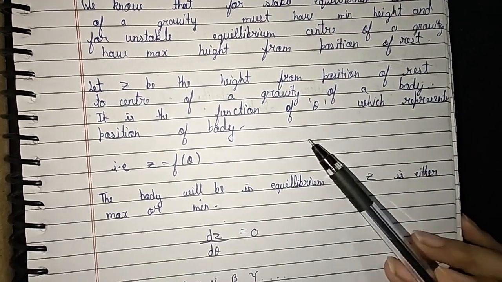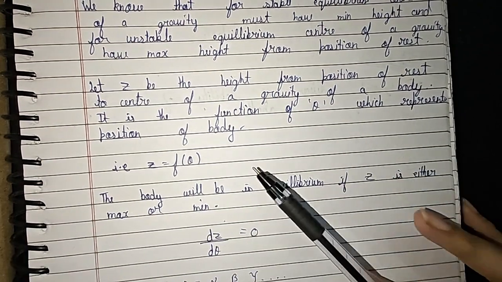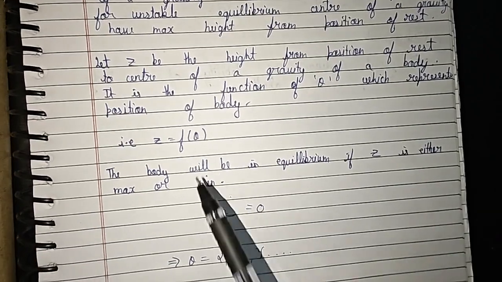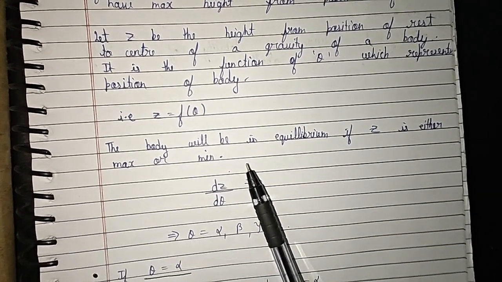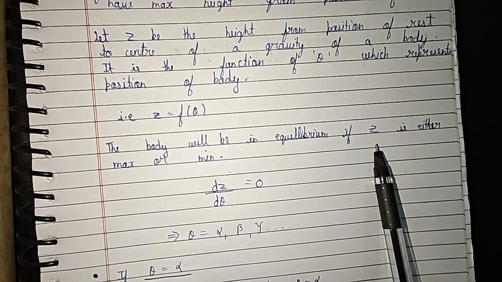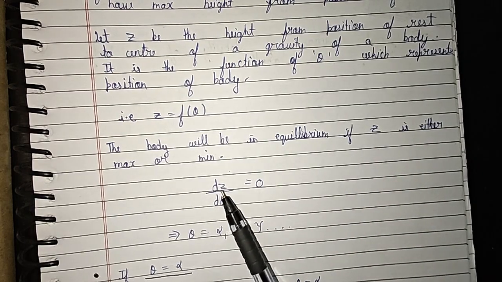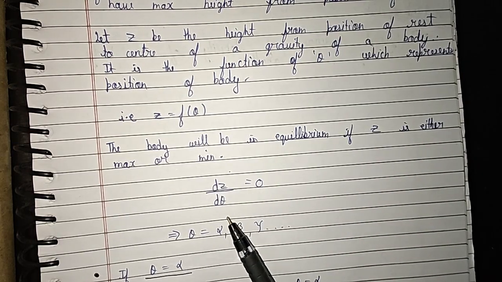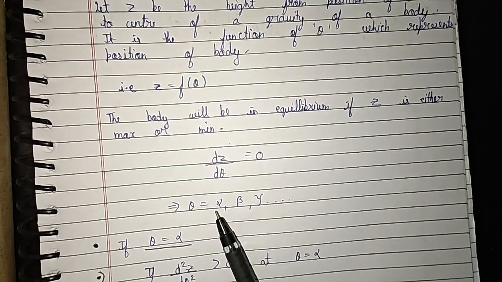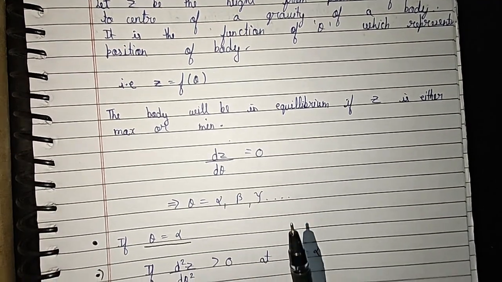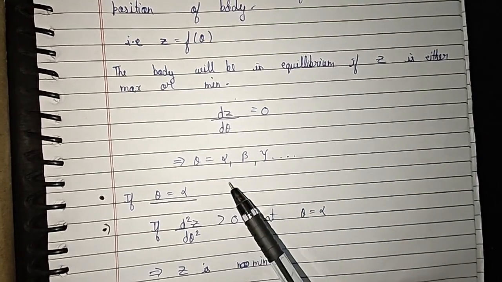Then it is a function of theta, which represents the position of the body, that is z is f theta. The body will be in equilibrium if z is either maximum or minimum, then dz upon d theta will be 0. So if theta will be alpha, beta and gamma, let us see what will come.